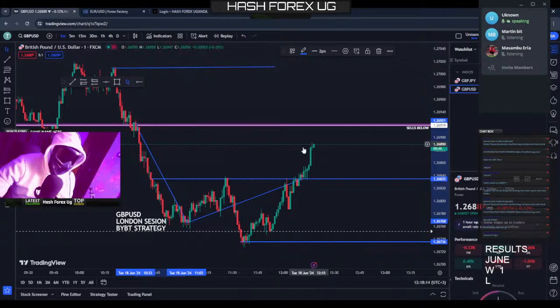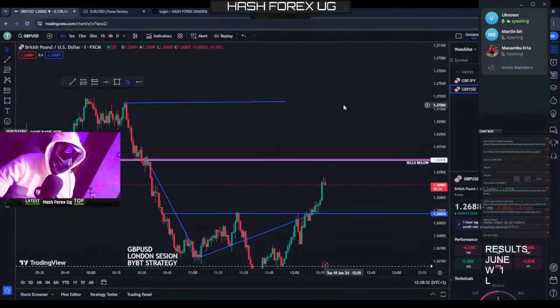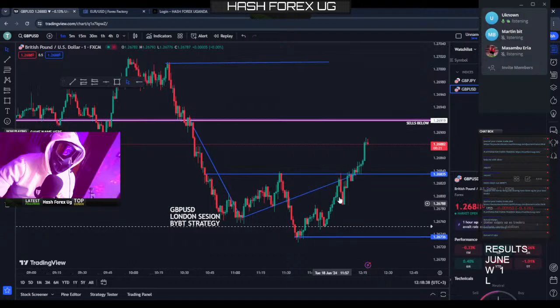So we are no longer counting on this sell. It has been invalidated because the market has broken this key level here. So above this, we might see the market continuing upwards, pushing for new highs.